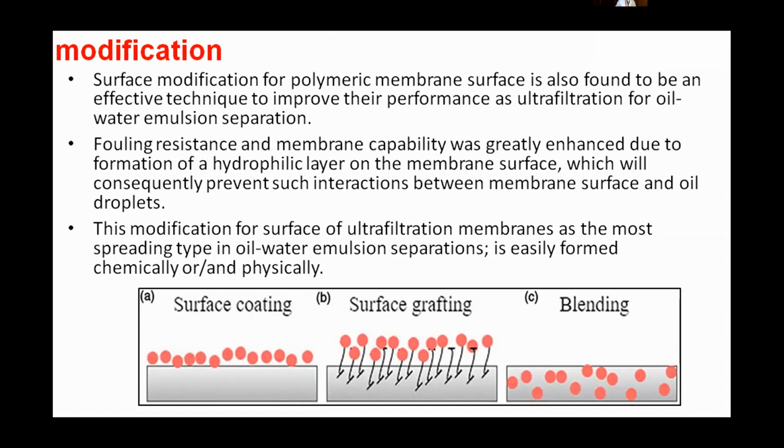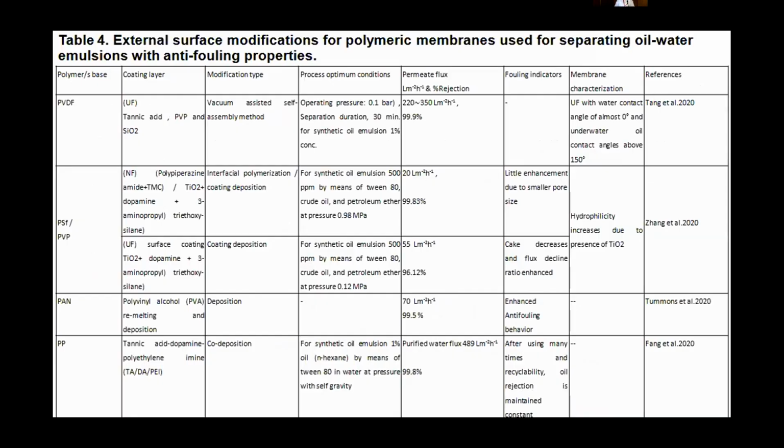Surface coating to modify these membranes has been done for PVDF, polysulfone, PAN, and polypropylene, and the permeate flux and the percentage rejection were enhanced. The fouling also, and the recyclability and reuse time of the membranes, are enhanced a lot.